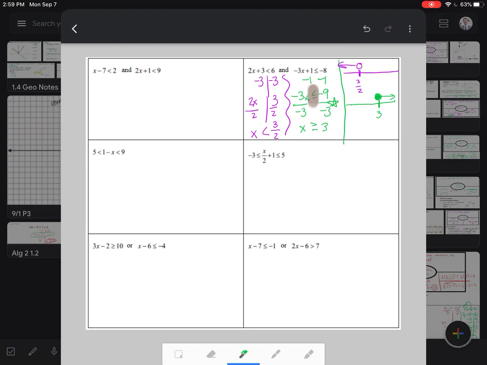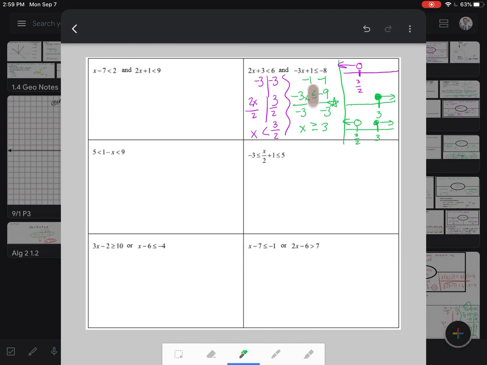And what we're going to see here is that our joint number line coming together is going to represent both of these in the same space. So if we have 3/2 here, we go to the left, and then if we start off at 3, filled in circle going to the right, so our full solution would be right here.